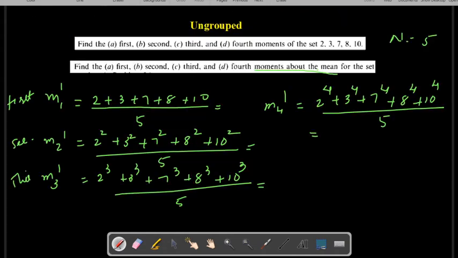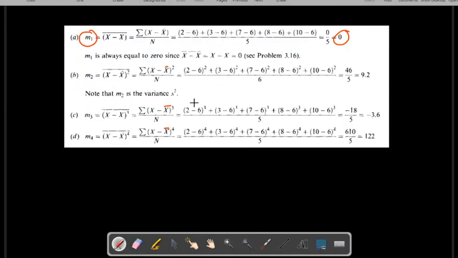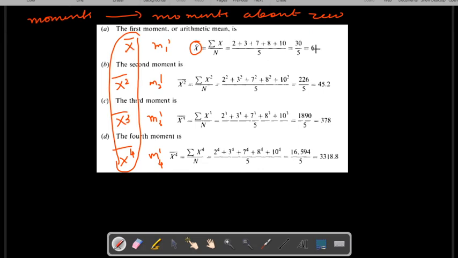See the definition formula: xi minus x bar whole raised to r. So whole square, whole cube, like that the terms will come. That's what they have written here. So first x is 2, and your mean you have already calculated. What is your x bar? That is 6 here. X bar is 6. First moment is called the mean.